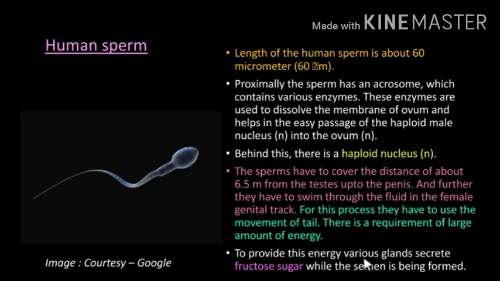To provide this energy, various glands secrete fructose sugar while the semen is being formed. Thus, by getting this energy, these sperms swim in the body fluids and reach the ovum or oocyte to fertilize it.